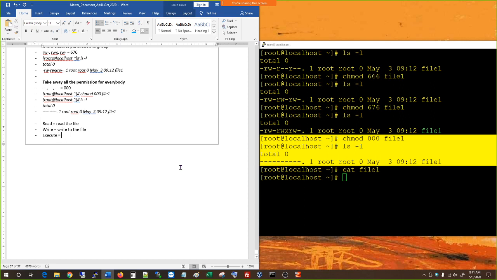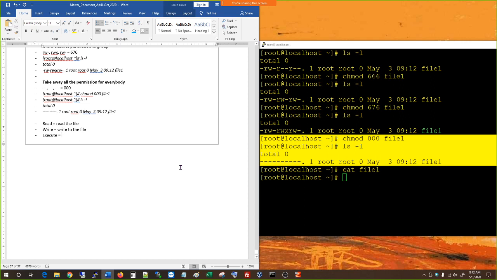Sir, I have one question. When you change the permission of the file, like neither you can read, neither you can write or execute, you are actually changing the permissions of the users, right? Or is it for the root as well? Yeah, it doesn't apply for root. It will not.